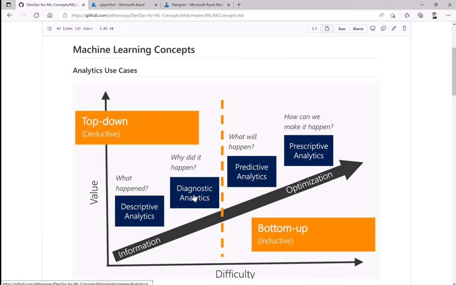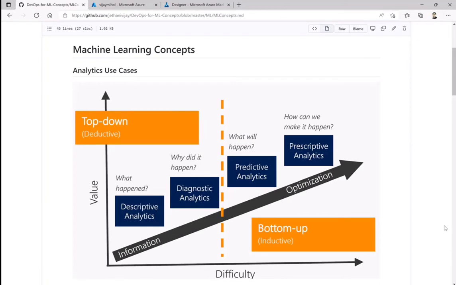That means it does not need training, because that information is available to us, and with the help of a few queries, we can get that working. So that is what we have to look at for descriptive and diagnostic analytics. However, machine learning has to be very specific to predictive and prescriptive analytics.